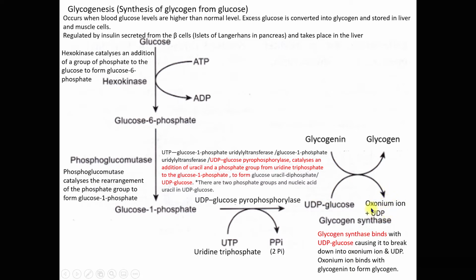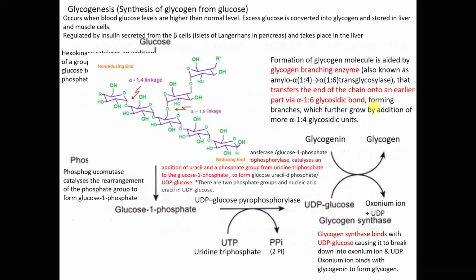Or you can rephrase that as glycogen synthase catalyzes the breakdown of UDP glucose into oxonium ion and UDP. If you're wondering what UDP is, it is uridine diphosphate. Now this oxonium ion will bind with glycogenin to form glycogen.